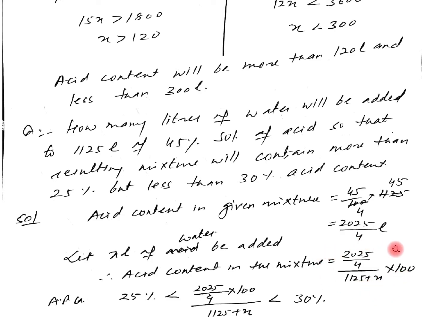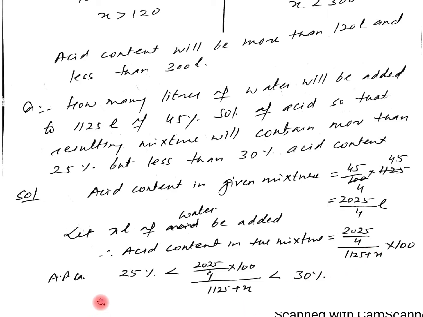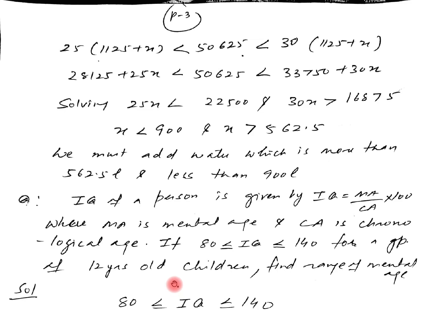Now again this concentration of acid is lying between what? More than 25% but less than 30%. So, therefore we can write this quantity must lie between 25 and 30. Simplifying and cross multiplying we are getting these inequations, then simplifying this, then solving again.